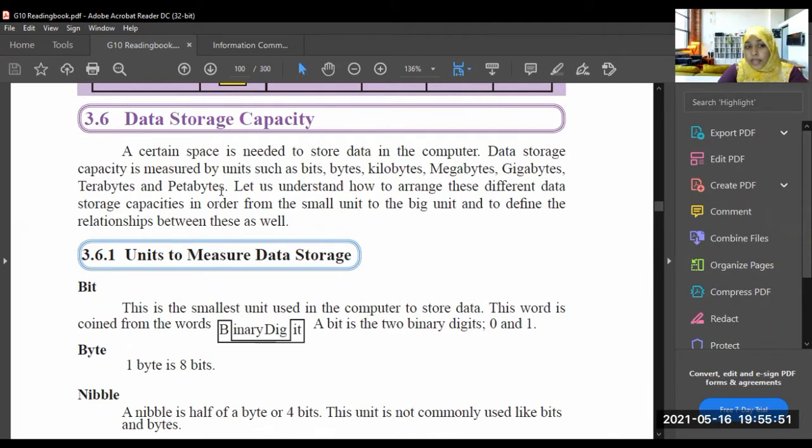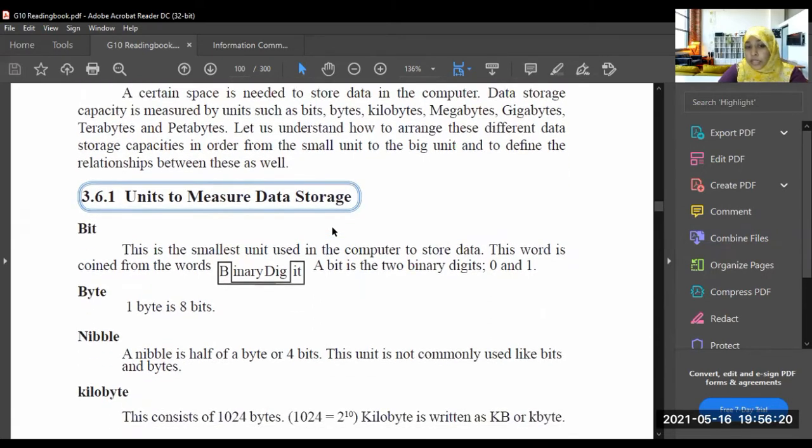Data storage capacity is measured by units such as bits, bytes, kilobytes, megabytes, gigabytes, terabytes, and petabytes. And there are many more, okay? Let us understand how to arrange these different data storage capacities in order from the small unit to the big unit and to define the relationships between these as well.